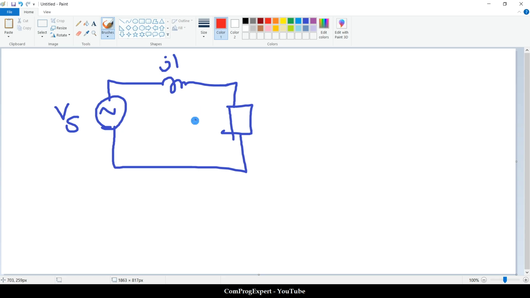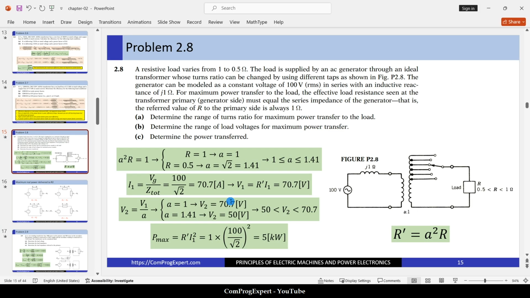The value of the voltage here, V1, is equal to I1 times A squared times R. Okay, so this is the value of the voltage, 70.7 volts. How can we transfer this to the secondary side? We should divide it by the turns ratio.